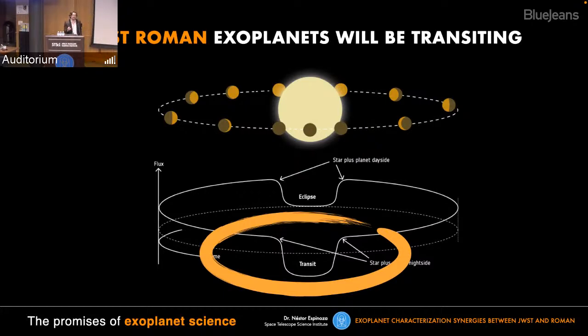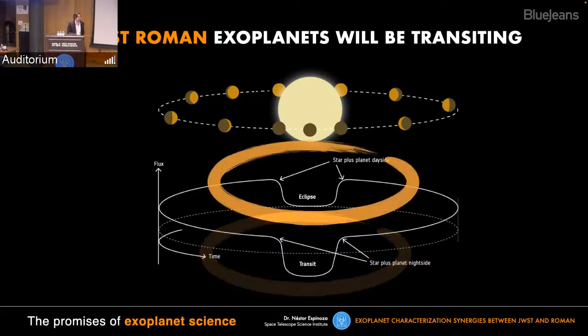And we don't have a lot of 1 to 2 micron eclipses out there. The only people getting those eclipses are from the ground, and they have basically exhausted all the targets. They're like the 20 brightest targets. But now you have Roman, which is going to enable you to get eclipses for thousands of those planets out there. So that enables a new science path.